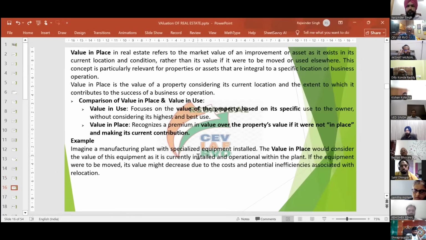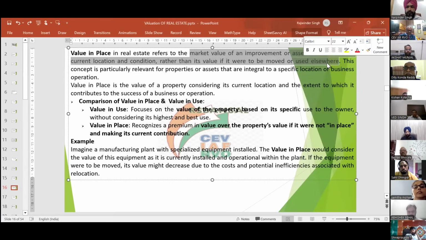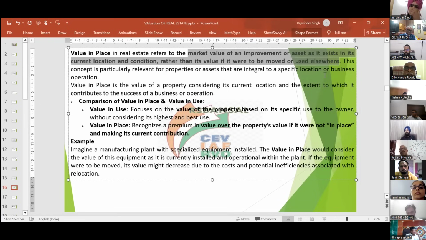Then value in place. Value in place refers to the market value of an asset as it exists in its current location rather than its value if it was moved to be used elsewhere.